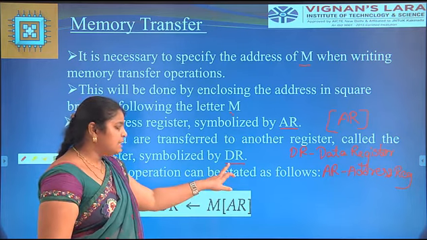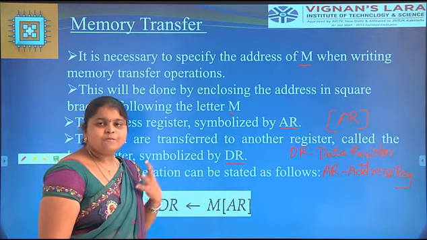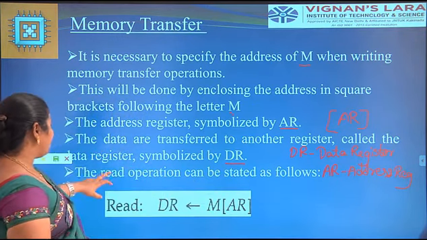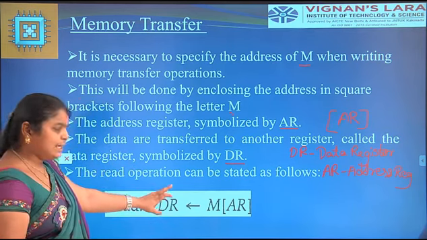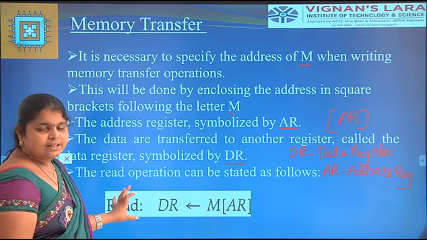And data register means the data that can be transferred from one register to another register. The read operation can be done by using the address register, data register and memory word.